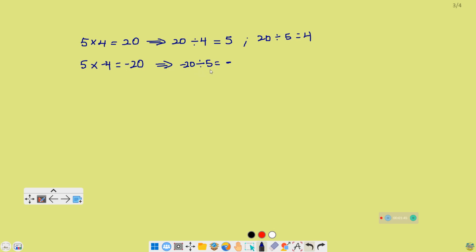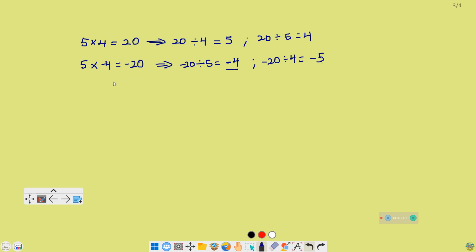What do you get when you divide 20 by 5? It is 4. So the answer will be negative 4. And also when you divide negative 20 by 4, you will get negative 5.